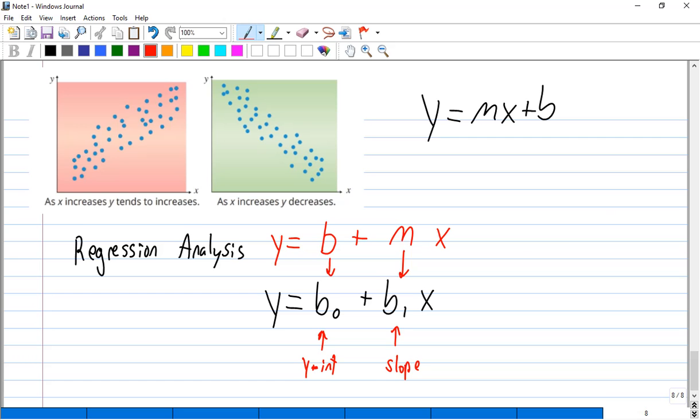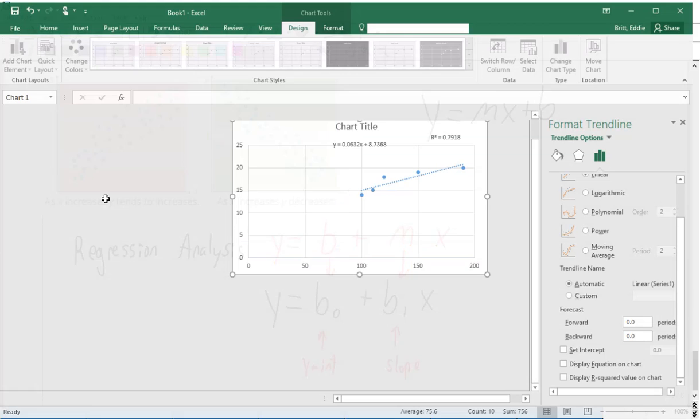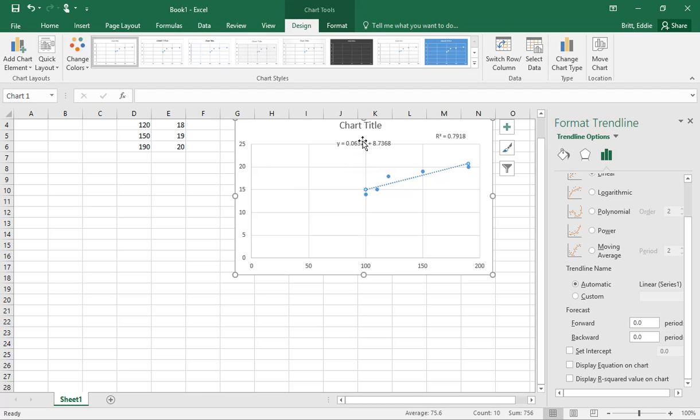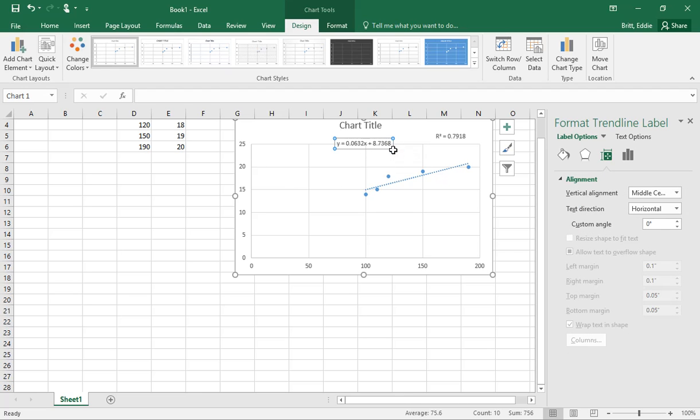If you remember when we were looking at Excel earlier, this equation, even though it's in y equals mx plus b form, traditionally in statistics, we would reverse those two values and we'd have y equals 8.7368 plus 0.0632x.